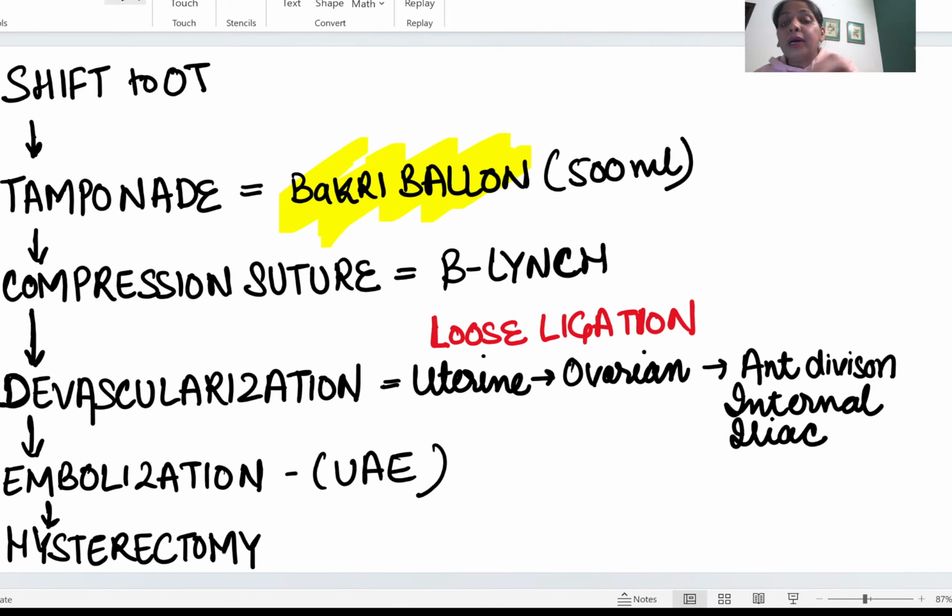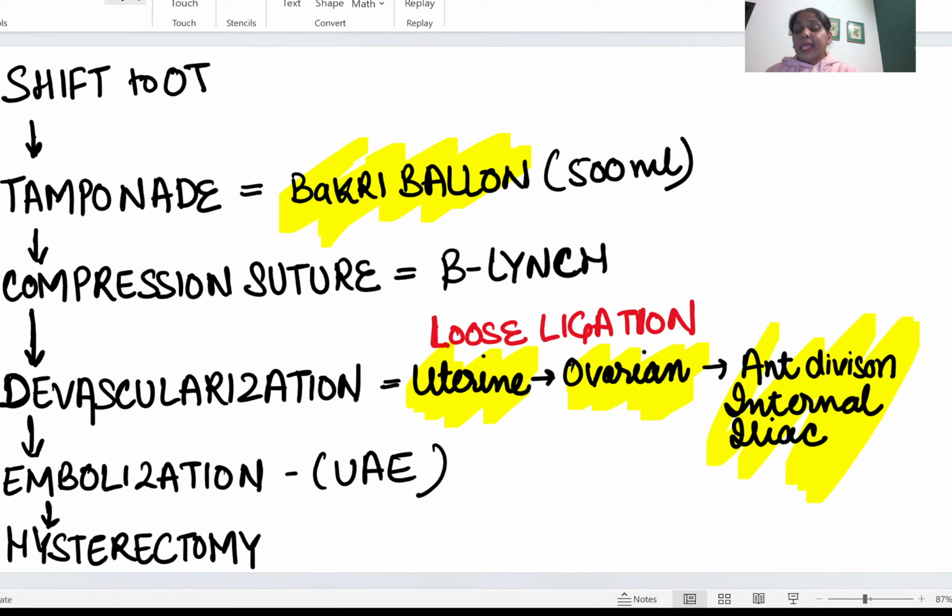The uterine artery is first of all ligated, as you all know the uterus is supplied mainly by the uterine artery. Then the second artery, if the bleeding still does not stop, is the ovarian artery. And if the bleeding continues, it is the anterior division of the internal iliac artery.